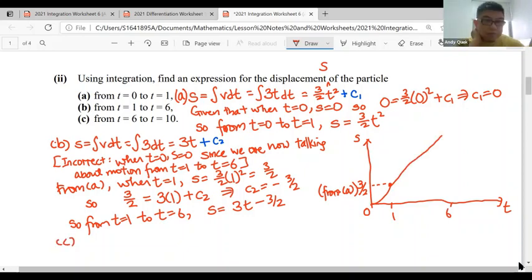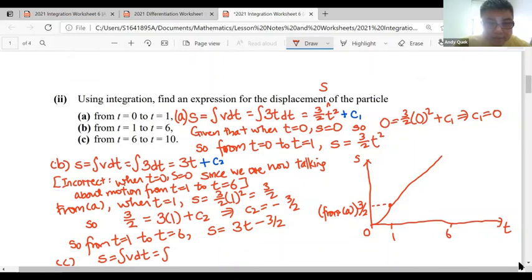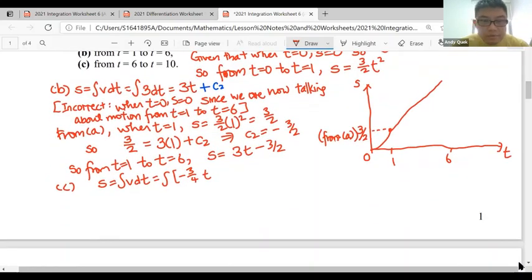Okay, finally for part C, how do I find the displacement? Integrate velocity. And the displacement was given as minus 3 over 4t, what is it, plus 15 over 2.